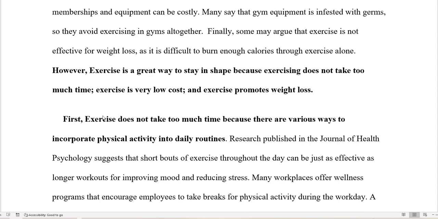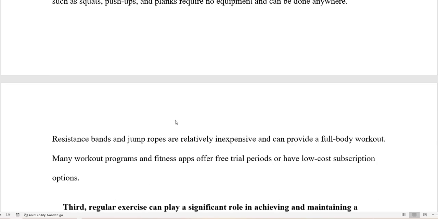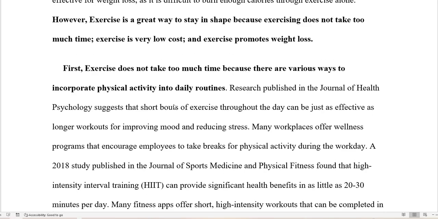And so here you would have your thesis statement: exercise is a great way to stay in shape because exercising does not take too much time. Then you have, just like you did in English 101, your body paragraphs, the 3 reasons from your thesis statement, which match the 3 body paragraphs here. Your second paragraph would be about how exercise does not take too much time.